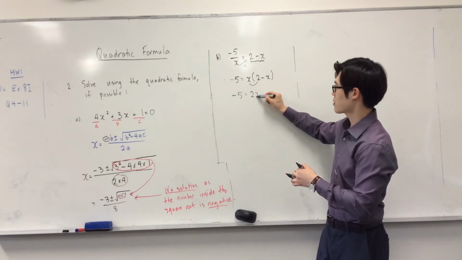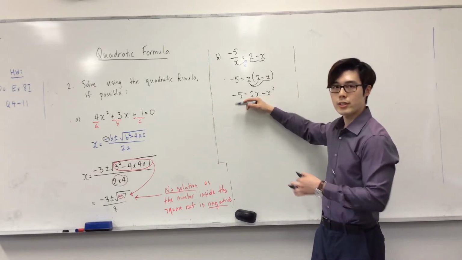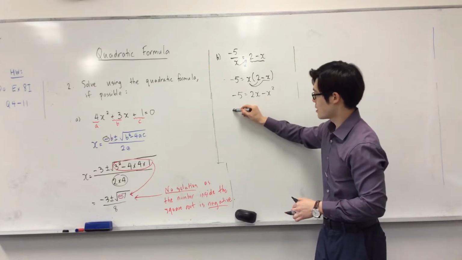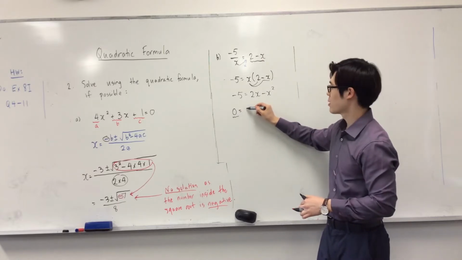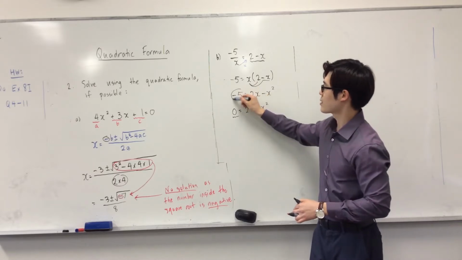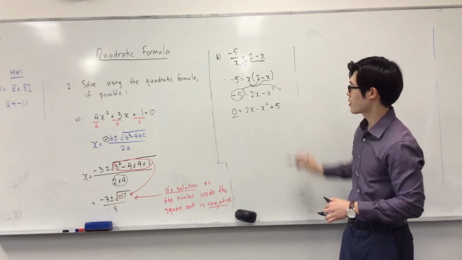So this is 2x, and this is minus x squared. Once you've got to this situation, let's bring everything to one side. So this becomes 0, because remember that's what I want. We want everything to make it equal to 0. But if I bring this minus 5 to the other side, it becomes plus 5.